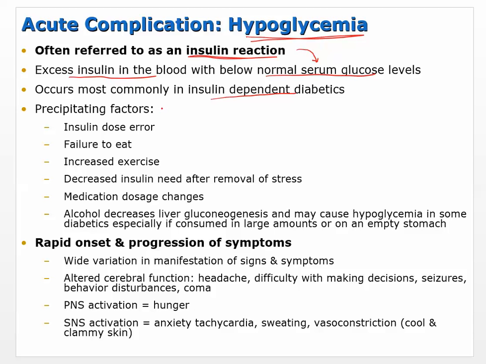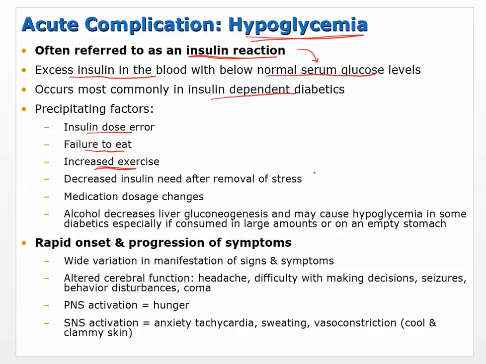So precipitating factors that lead to this: insulin dose error, or maybe you just didn't eat. You've taken your insulin, but you're not eating. You're not putting glucose in, and so the insulin is just continuing to remove the glucose from your blood. Increased exercise, you're burning more glucose. Somehow you're getting rid of glucose, obviously. Decreased insulin need after the removal of a stress.